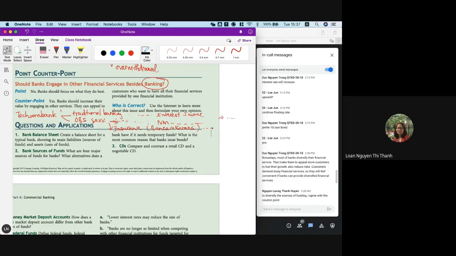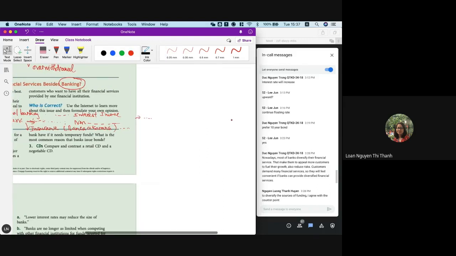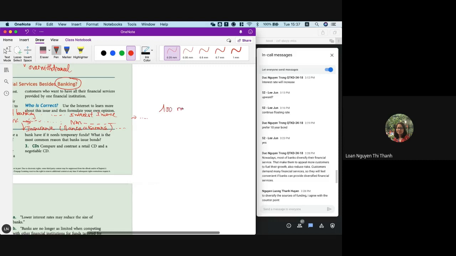Now, if you go to the bank office or bank representative, the banker will ask you, let's say you have 100 million. You go to the bank office and you say, I want to save that money in the short term, like 1 month or 3 months or 1 year. Let's say 1 year saving.